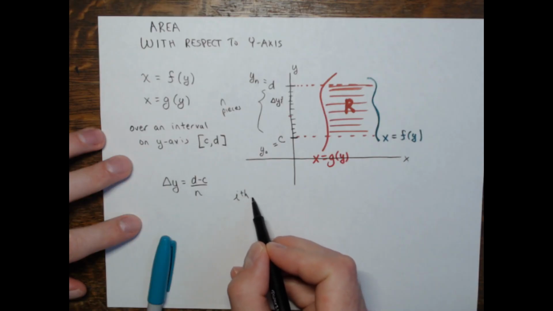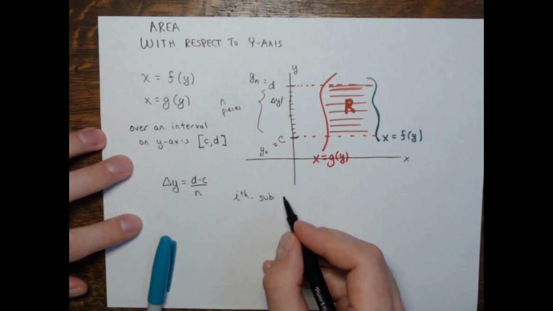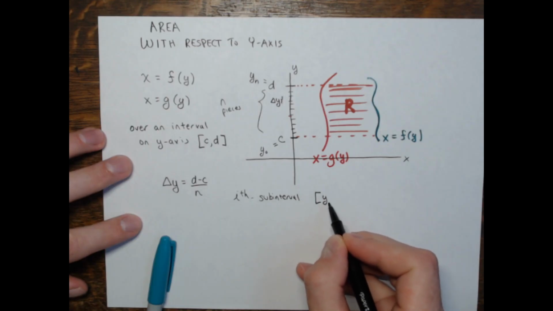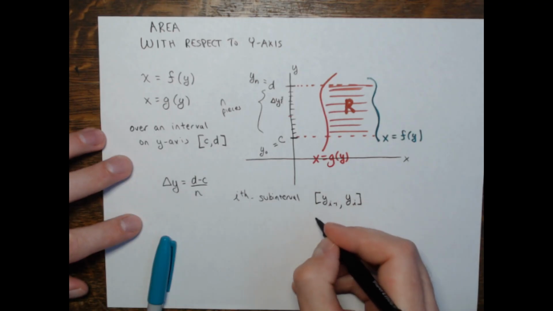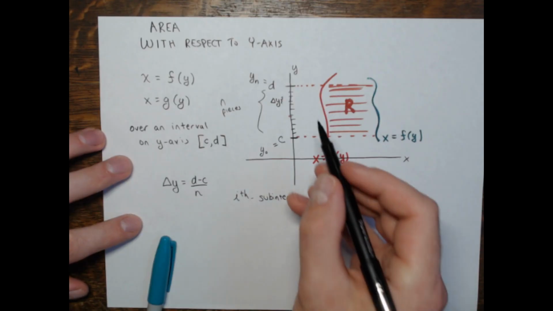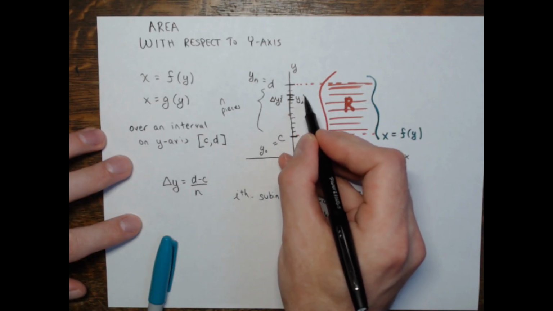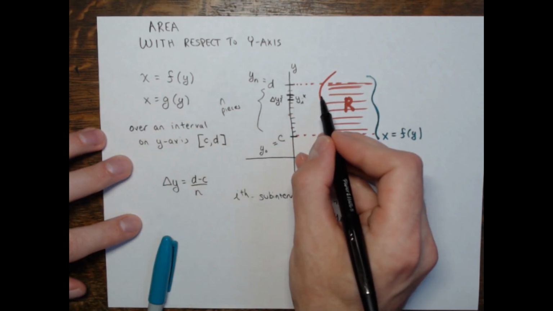And then the ith subinterval, the ith piece that I broke this interval up into, would be from y sub i minus 1 to y sub i. I pick y i star. All very familiar. So say in this interval here, pick y i star, and then plug it into my functions of y here, and I get this x coordinate.